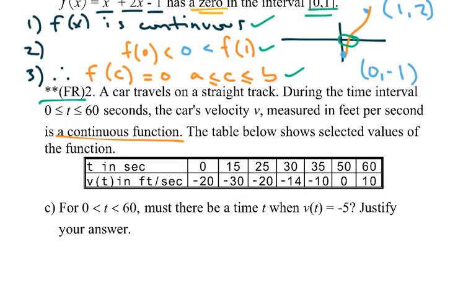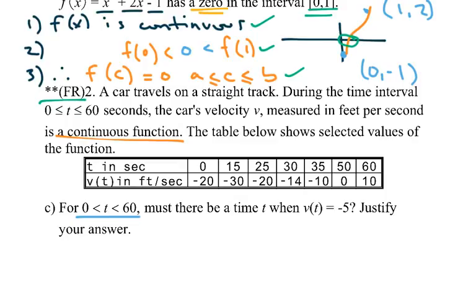So we're just answering part C of this free response question. It says for t between 0 and 60, must there be a time when v of t equals -5? Justify your answer.